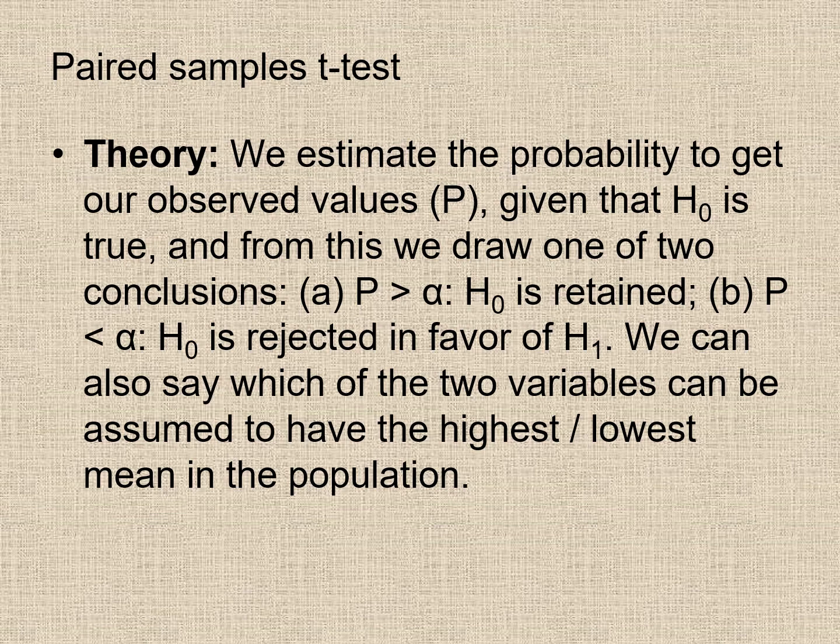If the p-value is less than 0.05, then we reject the null hypothesis in favor of the alternative hypothesis, and we claim that the mean on the two variables cannot be assumed to be the same in the population.